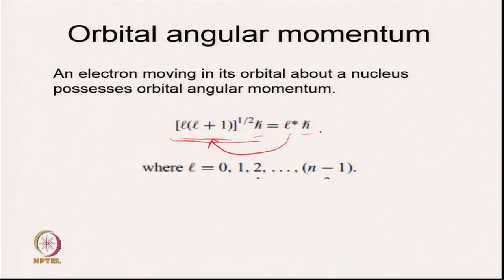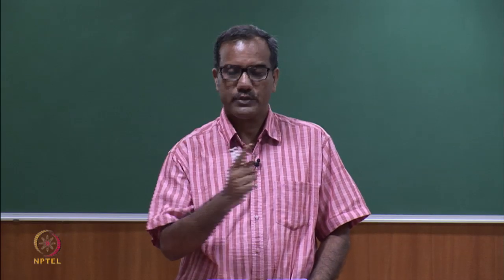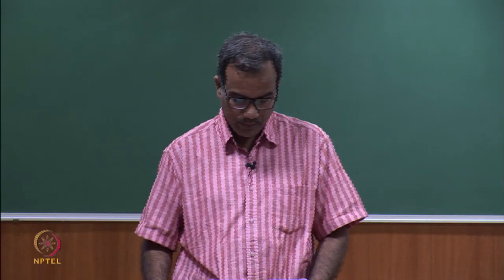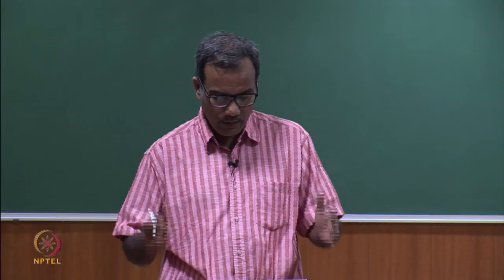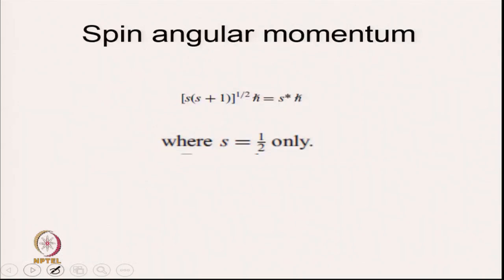Here L can take values from 0 to n minus 1. So, this is your orbital angular momentum, and that is because the electron is moving around the nucleus in its orbital. So, these are the allowed directions of the electronic angular momentum vector, which I discussed earlier.